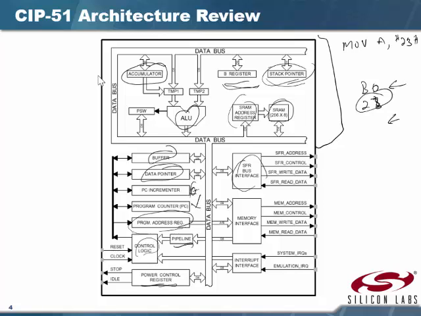Now, the special function registers vary with processors. We'll look at it in more detail. The memory interface is to connect to the outside world. Now, in our processor, some of the outside world memory is internal to the processor.